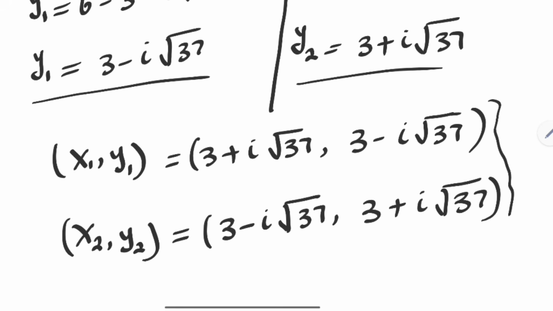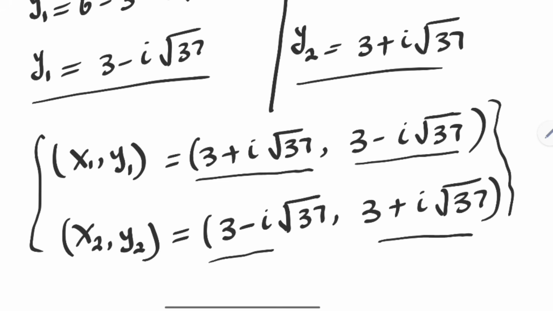These are the corresponding values of x and y. We've gotten the values of x and y. Let us check to confirm if this answer is right or wrong. You can see that the value of x1 here is equal to the value of y2 here, and the value of y1 here is equal to the value of x2 here.